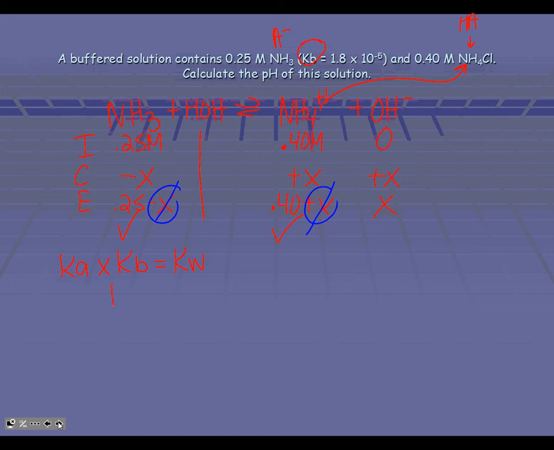So if we wanted to solve for the Ka, we would take our Kw and our Kb that we have and just divide them, and we'll end up with our Ka. So 1.0 times 10 to the negative 14th divided by 1.8 times 10 to the negative 5th gives us a Ka of 5.6 times 10 to the negative 10th.